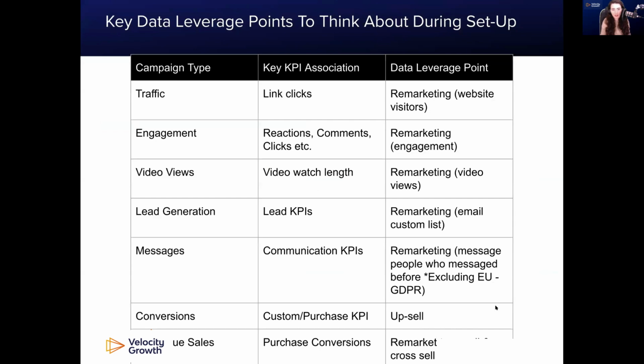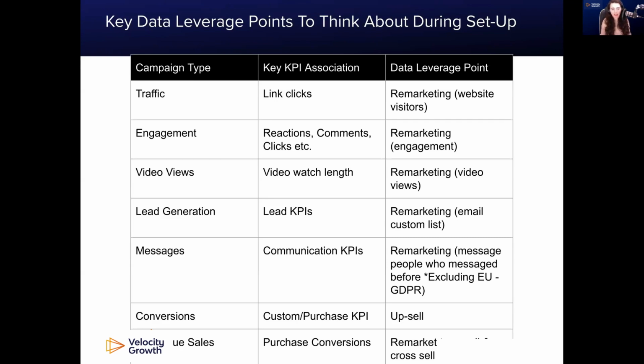So when it comes to campaign types and the data that you can leverage off the back of it, this is really interesting because the data off the back of it is kind of changing. I'm going to describe the different data points as either on-platform or off-platform data.